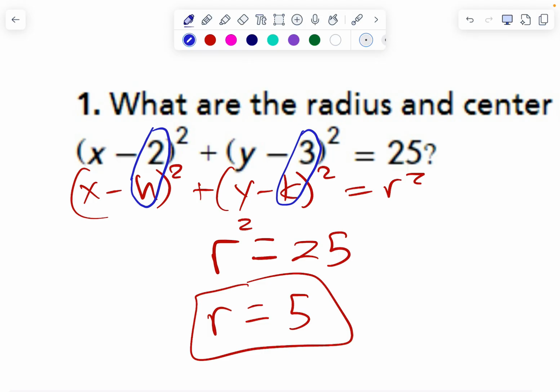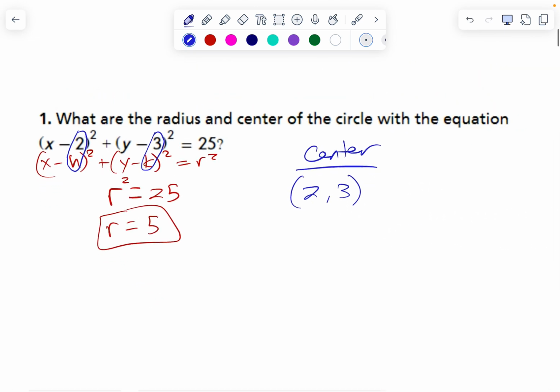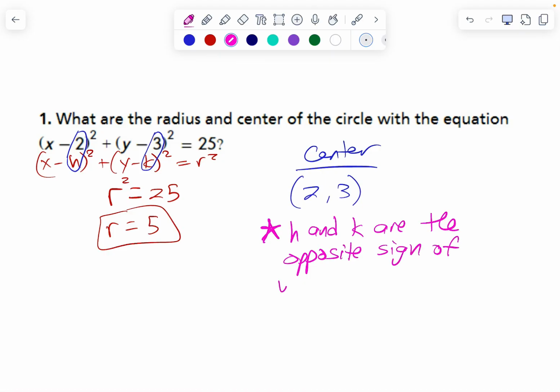What if it said y plus 3? Yeah, okay. Then it would be actually negative 3. So if you want to boil that down, what we just said, h and k are the opposite sign of what is shown.